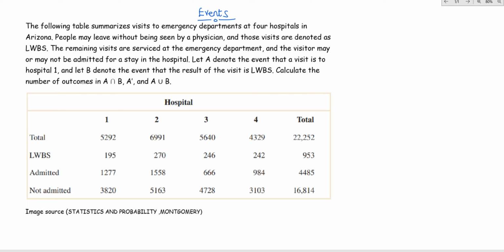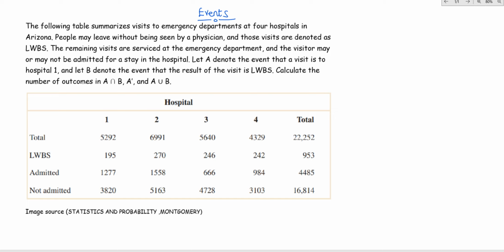For this question, it says that the following table summarizes visits to emergency departments at 4 hospitals in Arizona. People may leave without being seen by a physician, and those visits are denoted as LWBS, which means leave without being seen.